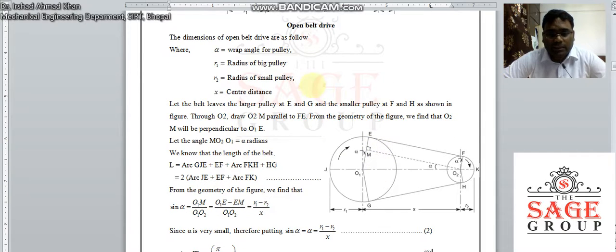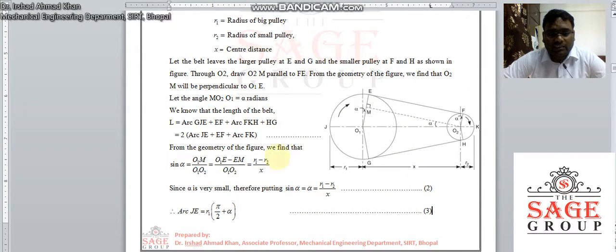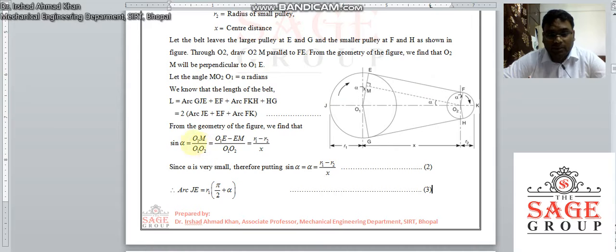What I have explained is written here. The length of this is the arc JE plus EF plus arc FKH plus this length, or double of these, as I already told you. Then find sine alpha.